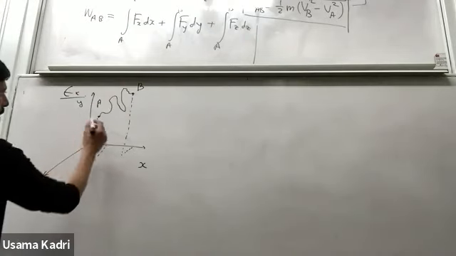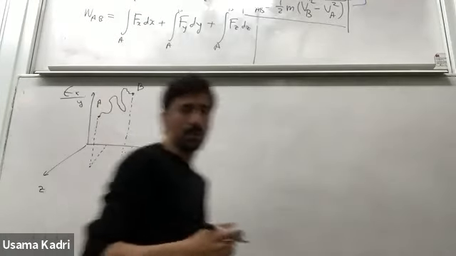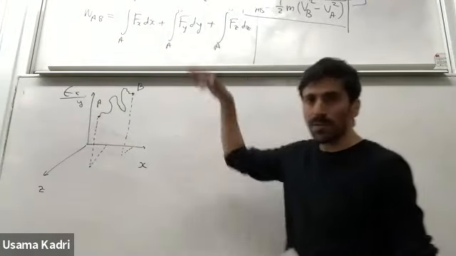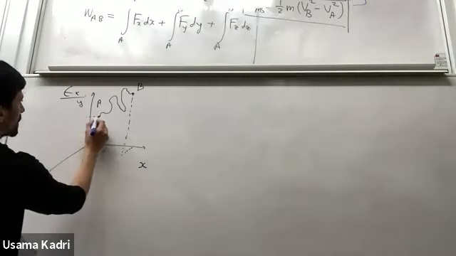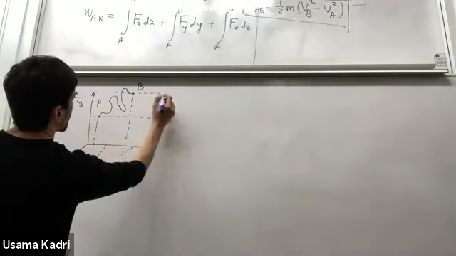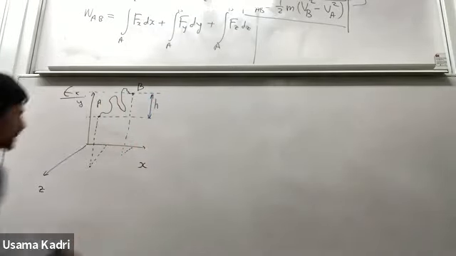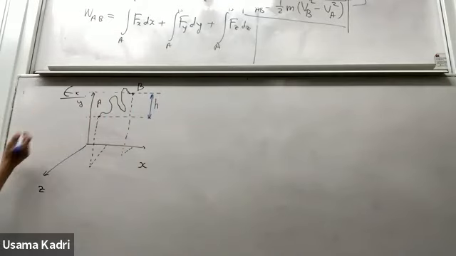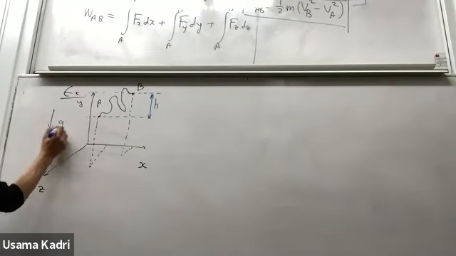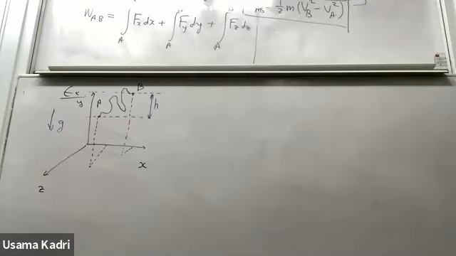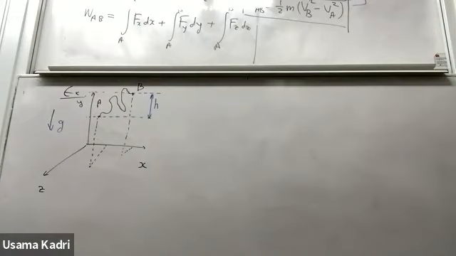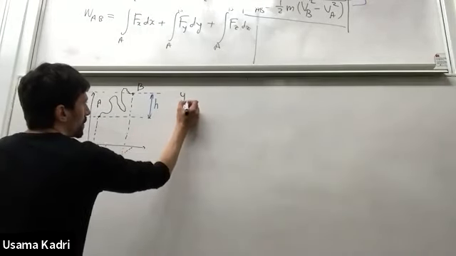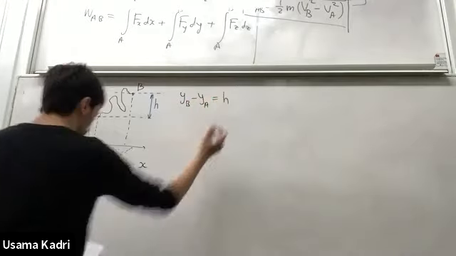And we know that the distance between A and B in the y direction, we can call it h. So this is h. Gravity would be... we want to calculate the WAB. So we know that yB minus yA is h.